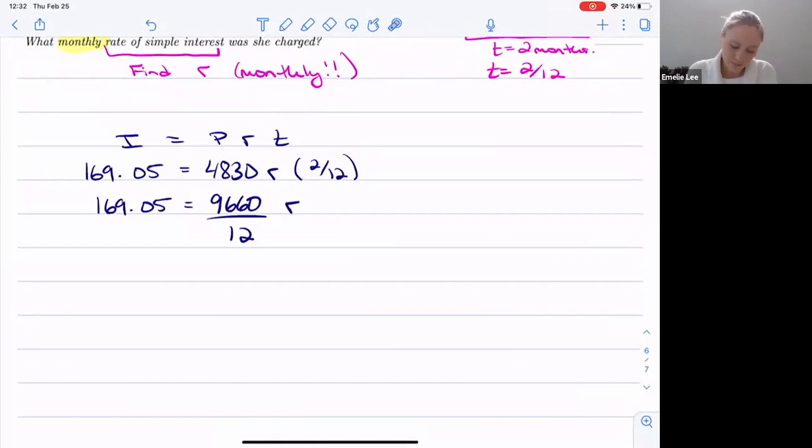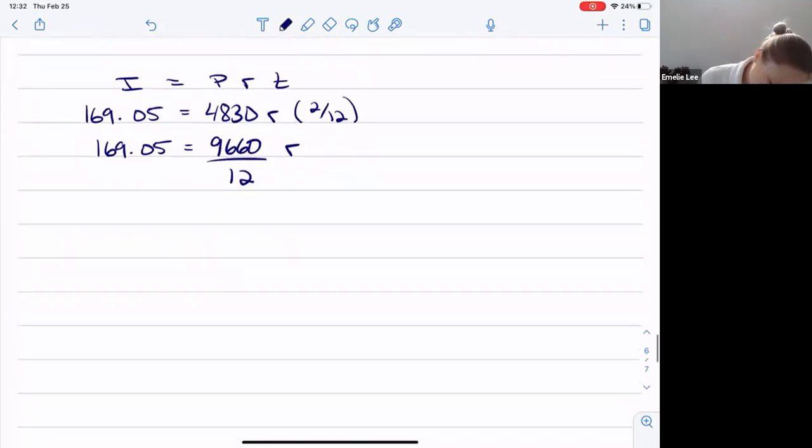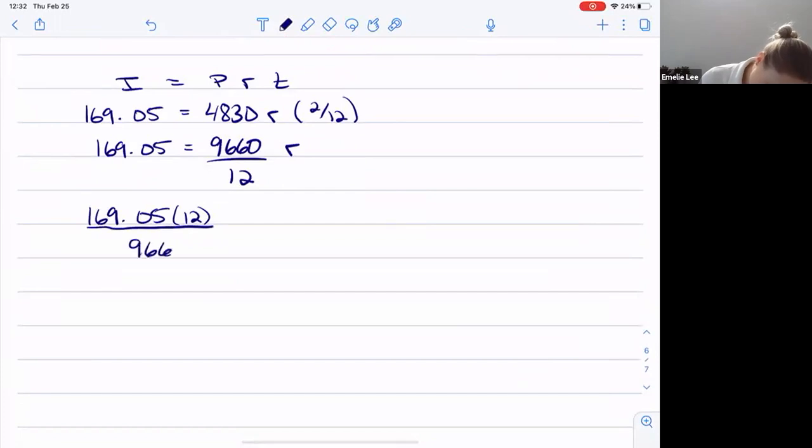So now, whether you want to do this in one swoop, I actually break it up into 2 steps. I multiply the 12 over first, and then I divide by 96.60. It doesn't really matter which order you do it in. But we get 169.05 times 12 divided by 96.60 is R. Okay.